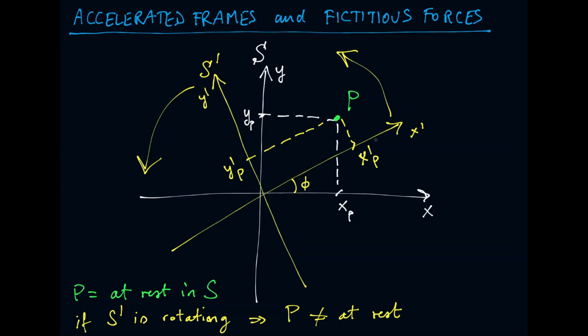So an observer on the rotating reference frame would say, oh no, look, there's definitely some forces acting on P because it's not at rest and it's actually accelerating. You would see a circular motion of some sort. Now, how do we reconcile this with the fact that the net force is 0, as evidenced by this? We do that with fictitious forces.